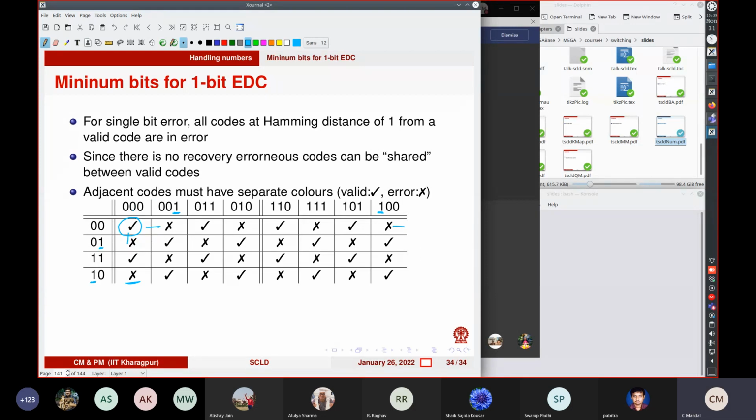What if this middle bit is an error? So 0, 0, 1, 0, 0, 0, 1, 0. So actually this code is also at a distance of 1. This is a 5-bit code, and you'd expect to have 5 codes at a distance of 1. So you have got 1, 2, 3, 4. There should be one more code.